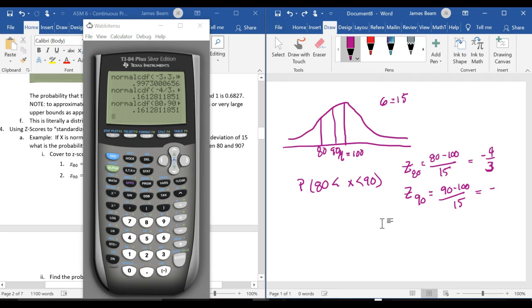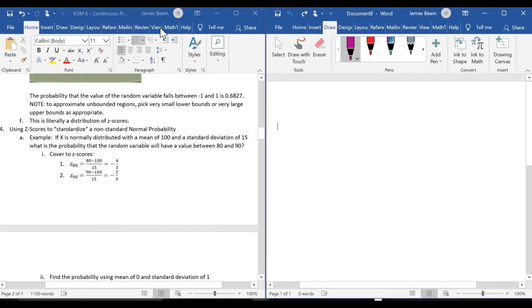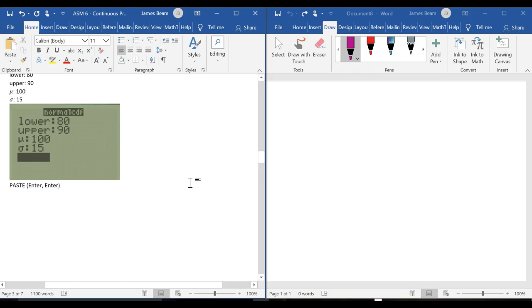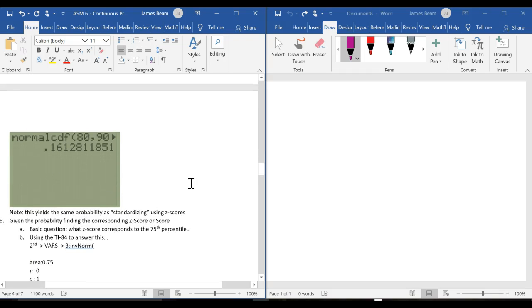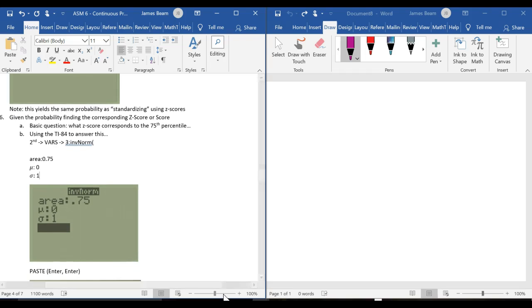It's pretty simple, straightforward, not entirely difficult to deal with. I walked through that in the notes, with the standard normal and then just letting the calculator do the heavy lift. And you see it results in the same value both ways.